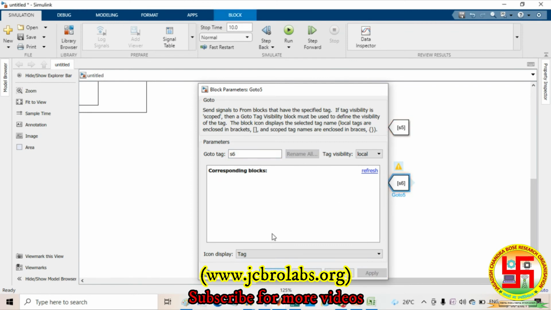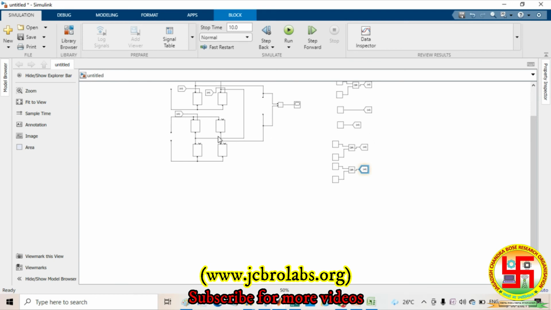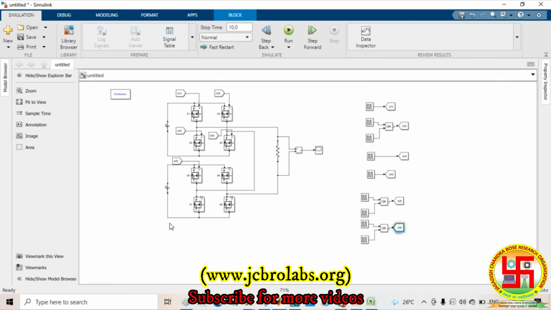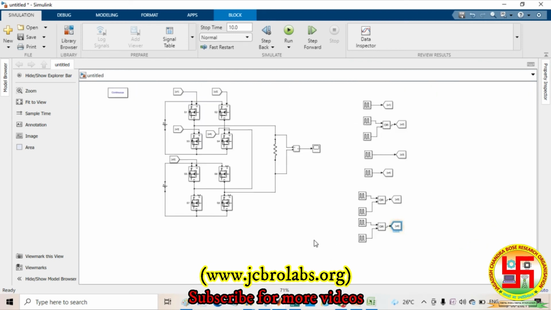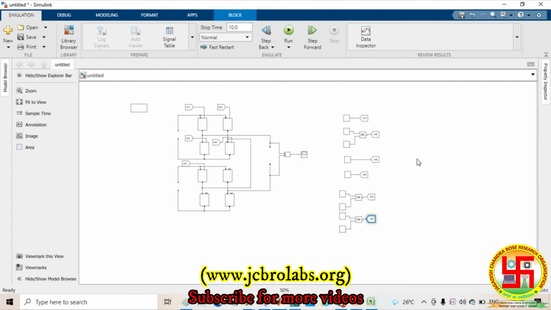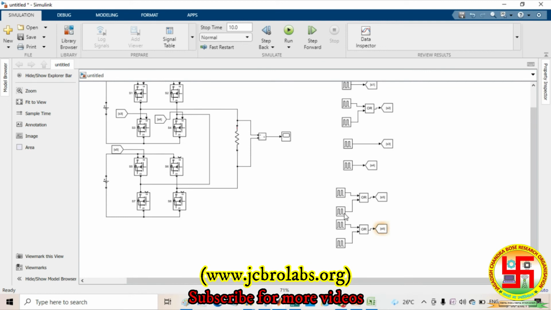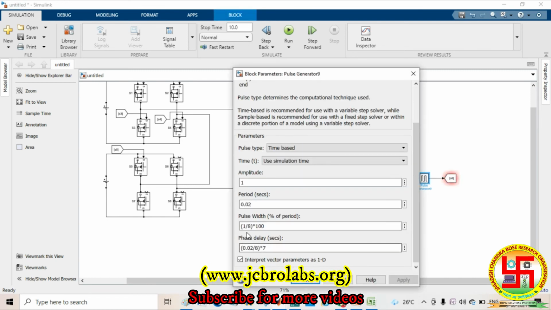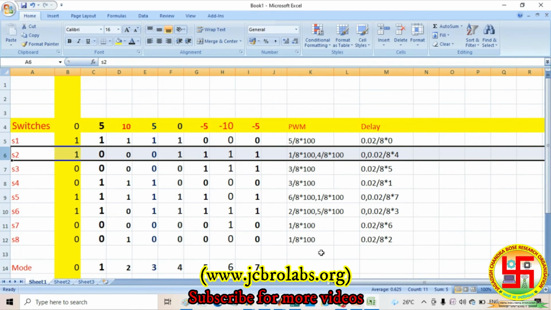Apply. Okay. Now here S8 and S9 will be there, right? So now I can take another one. Here S6 and this is for S7, 1 by 8 only. And here the mode of operation 0.02 by 6.